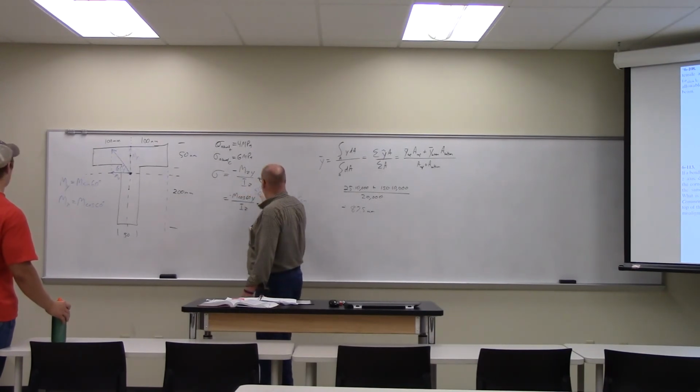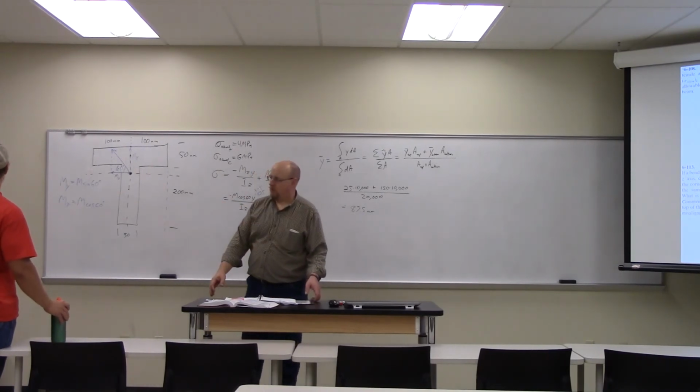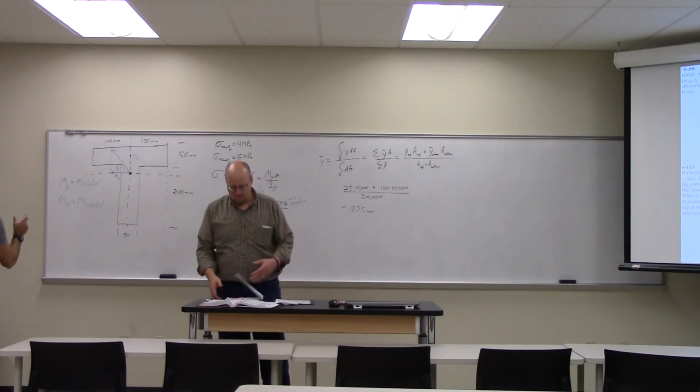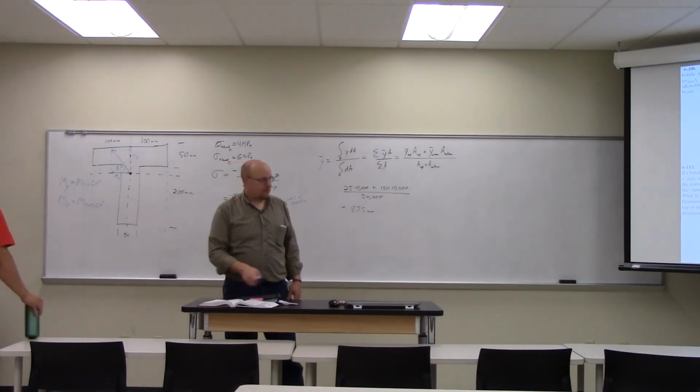And then I turn around and use the bottom set of coordinates, plug in 4 megapascal, and find out what M is going to create that tension. Then we take the smaller M, because it's going to fail early. Okay, that makes sense.